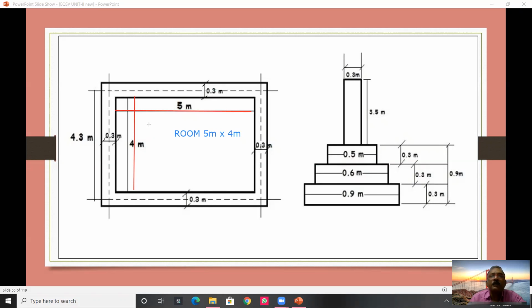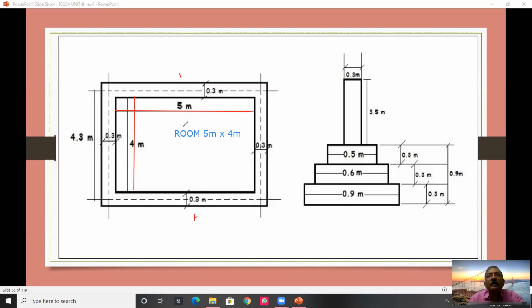So in this problem, how many long walls are there? See here, 1, and here, 2. So the total number of long walls is equal to 2.